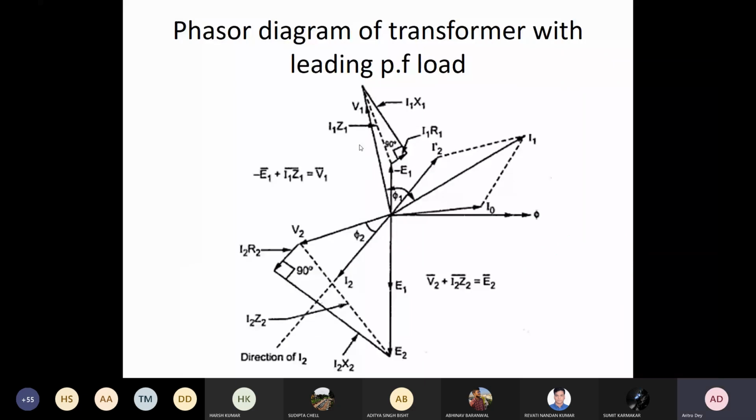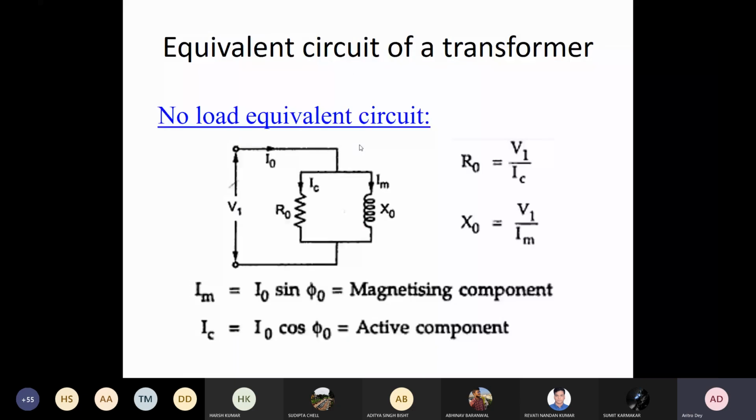So now we'll go towards the equivalent circuit of a transformer. We have seen that whenever we connect a transformer with no load, I mean the secondary is open circuited, then the only thing required is the magnetizing current, which can be represented by an equivalent circuit like this.